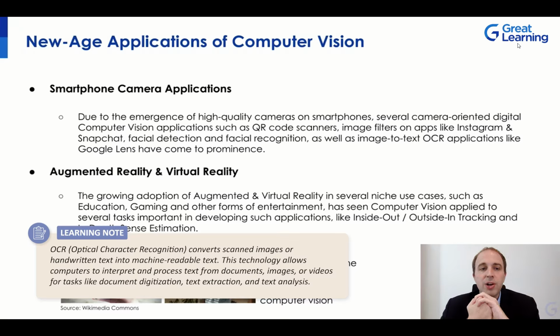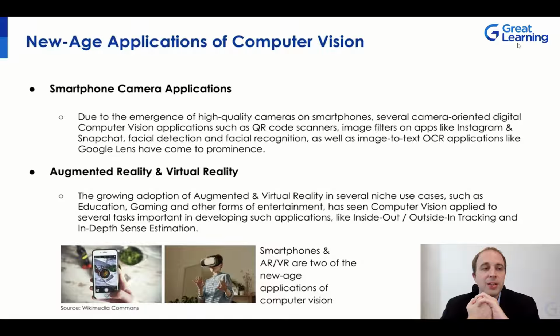I've seen one startup that's using augmented reality to help manufacturing and help industrial processes. And what they do is you can point your smartphone at a machine that you have to work on or that you have to fix. And this augmented reality system will draw images on your phone where it will point to things that you need to fix or point to things that you need to do.